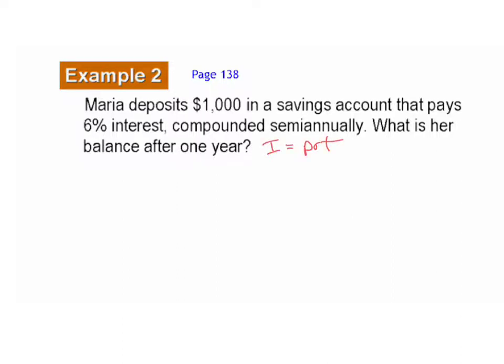Our principal is $1,000. Our rate is 6% as a decimal, which is 0.06. And, of course, 6 months is 0.5 of a year. We plug that into our calculator, we get $30. Then we add that to our principal. 1,000 plus 30 equals, obviously, 1030.